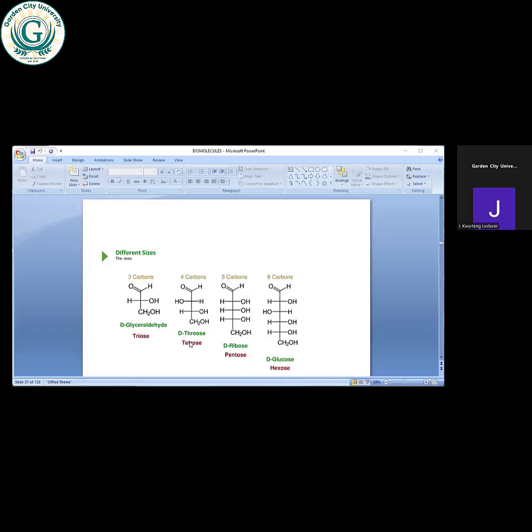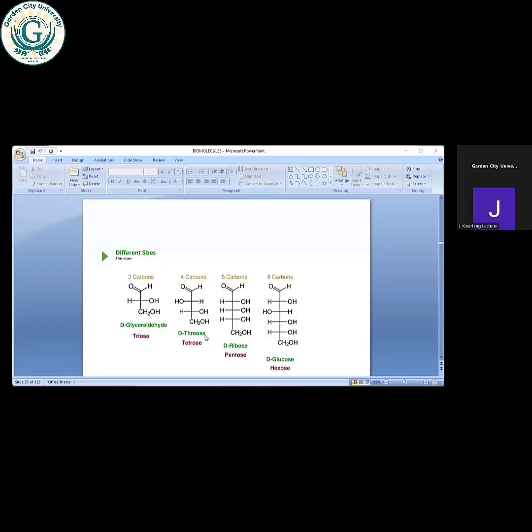And then if it has 4 carbons, it is termed a tetrose. An example is erythrose, spelled E-R-Y-T-H-R-O-S-E. There is also erythrulose, E-R-Y-T-H-R-U-L-O-S-E.